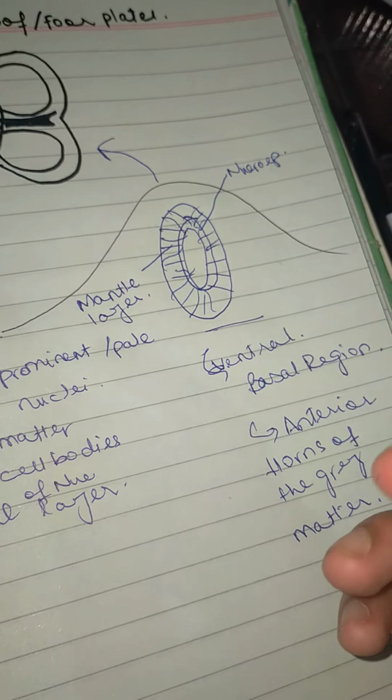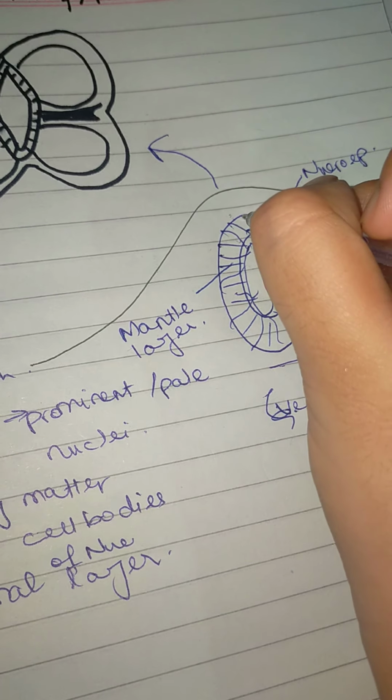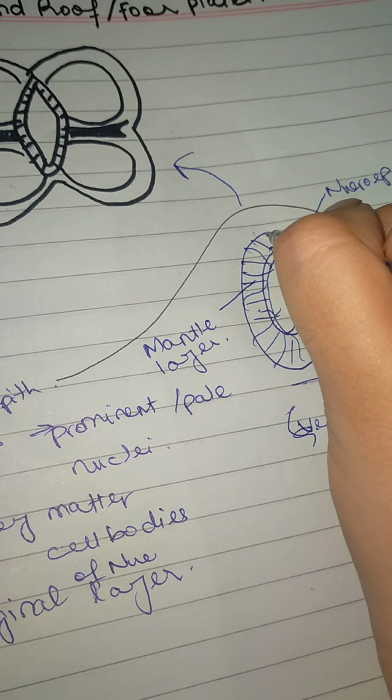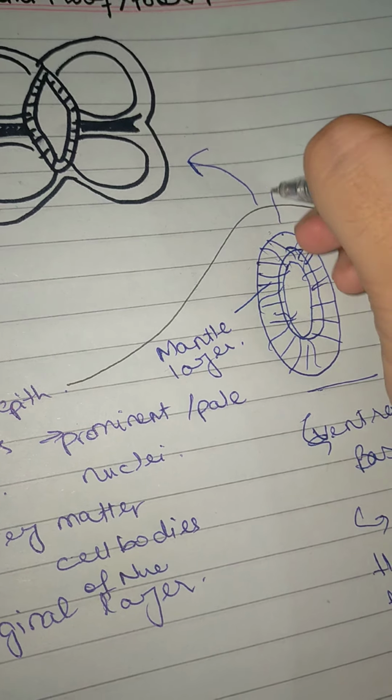And now coming to the dorsal part. Now when the dorsal part of the mantle layer thickens due to the proliferation of the neuroblasts, we get the alar plates.